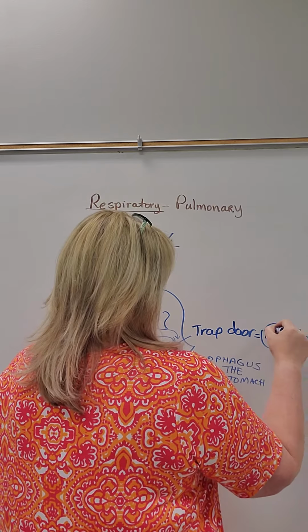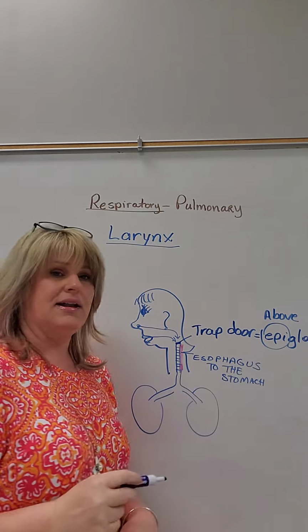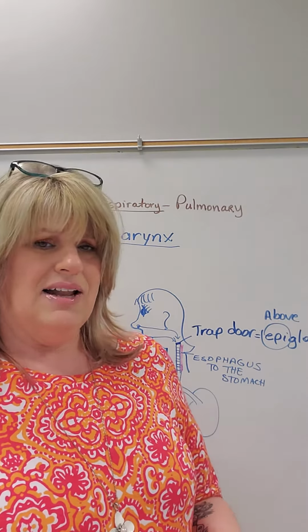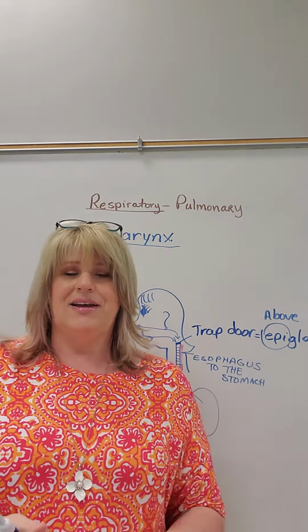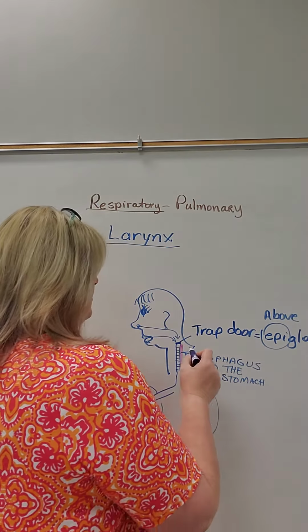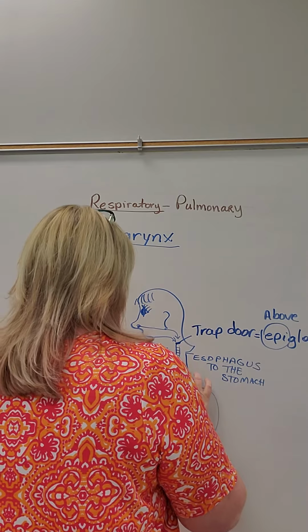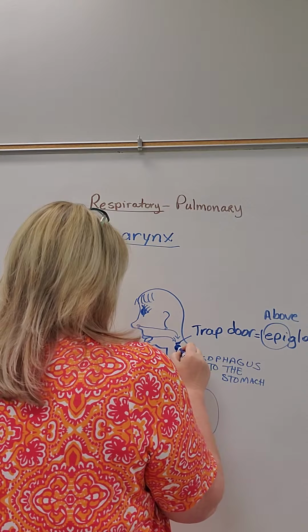Okay, epi meaning above, right? Epiglottis. So if it's epiglottis, what is it above? Well, I'm glad you asked, because it's above the glottis. Okay, so let's get rid of this for a second. Your glottis is here.